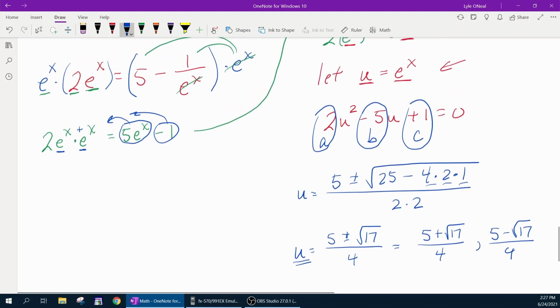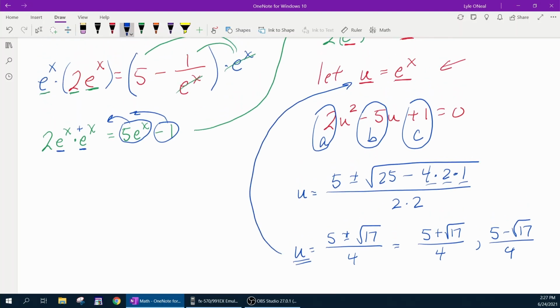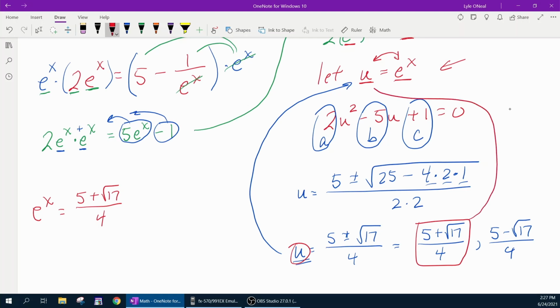Now we're going to take those answers back up here, and we're going to plug in and find out what x is. And not to confuse you, I'm also going to switch these around here. So we're going to say e to the x equals 5 plus square root of 17 over 4, because remember u equals that, and if I replace u with that, then e to the x equals all of that.